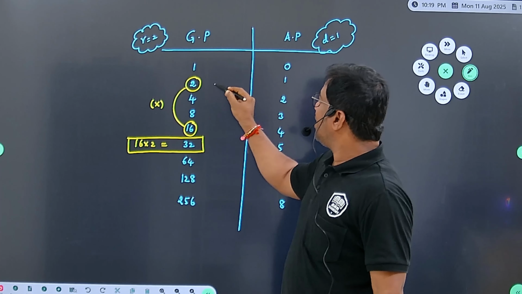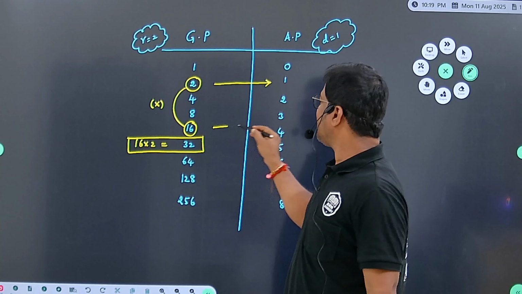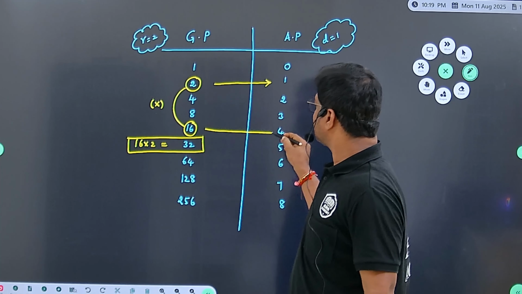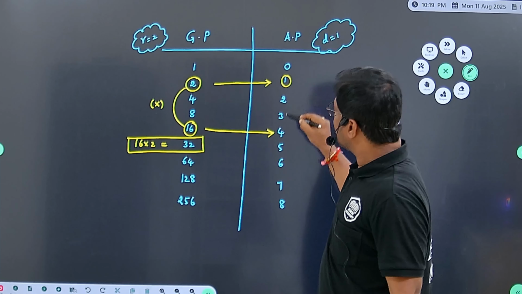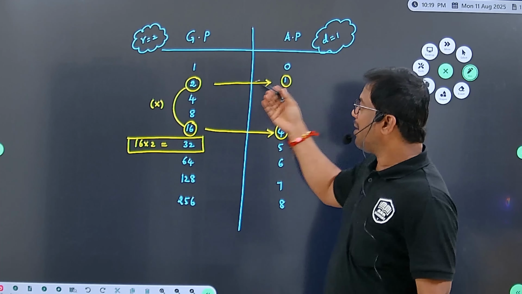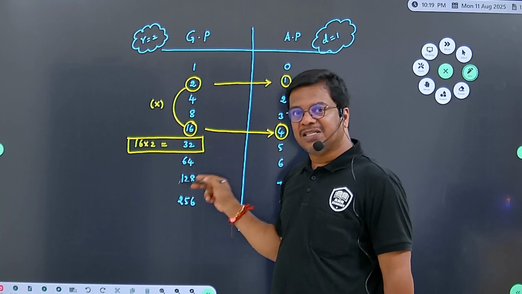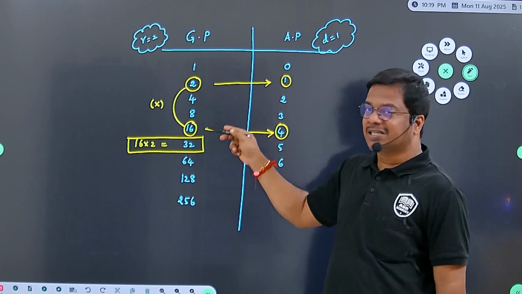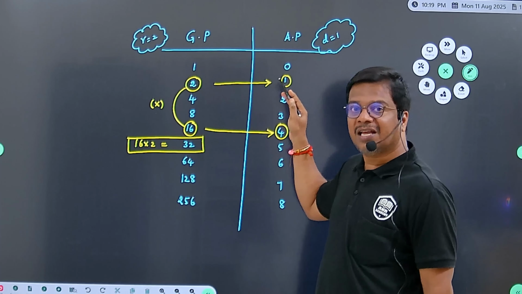Corresponding arithmetic progression elements I am going to select here and here. This is 4, right? Here the question is to multiply 2 with 16. But what I am doing, here 2 comma 16 are terms in GP. Instead of 2 and 16, I am going to select the corresponding elements which are in AP.